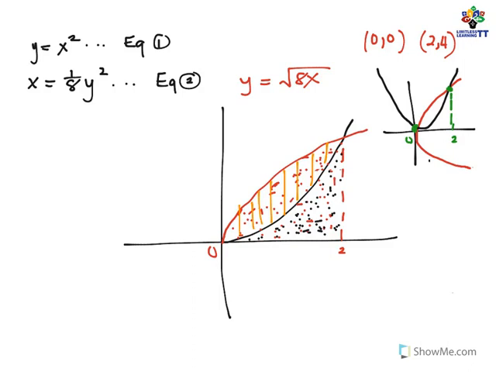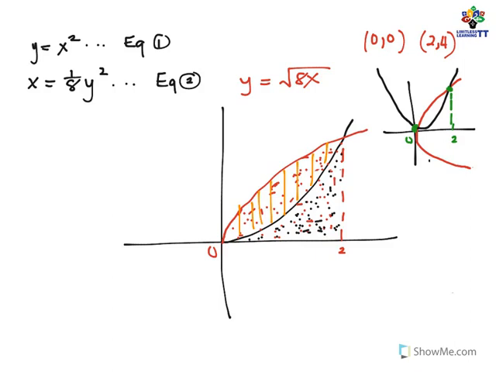And so in order to find this area, it's going to be the area under the red curve minus the area under the black curve, i.e. the area under the square root of 8x minus the area under x squared. And so that's what I'm going to use for my integral.